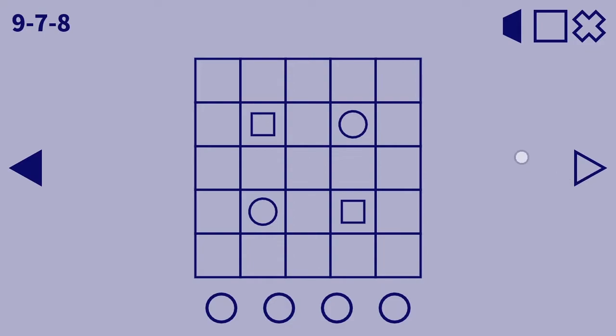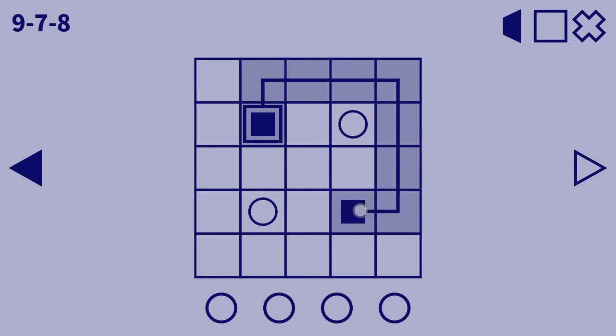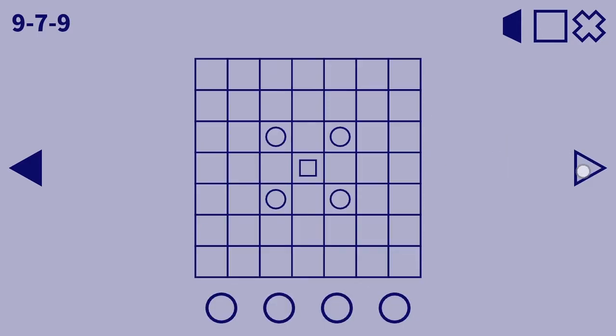Okay. Corner around the circle shaded in. Go through this. Third one. Oh yeah, because of this area. Okay, I think I've got it. Have to go through that. That's a corner. That's a corner.